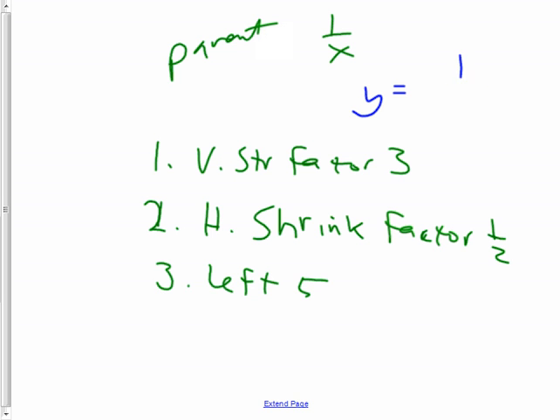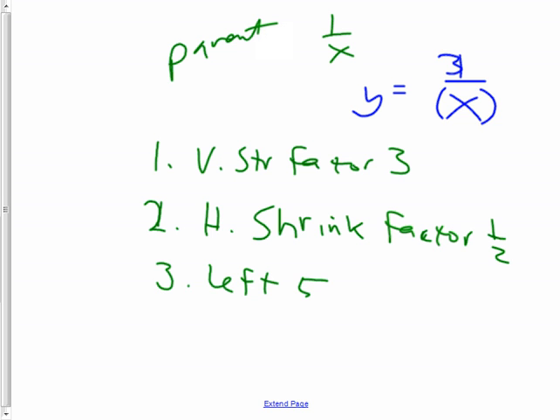Okay, start with the y equals 1 over x with plenty of room around it so we can make some changes. Okay, vertical stretch factor 3. Could you put the 3 on the outside? Yes. Could you put the 3 on the top? Yes, they're the same thing. Okay. Horizontal shrink factor 2. That's on the inside with the x.